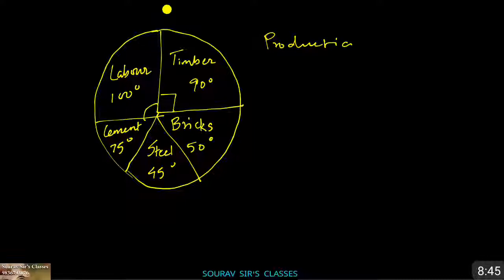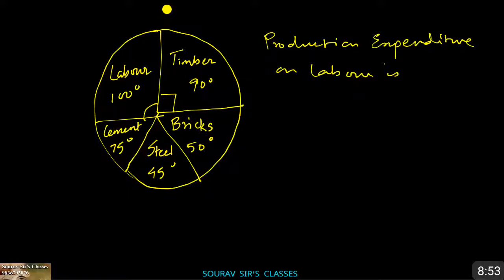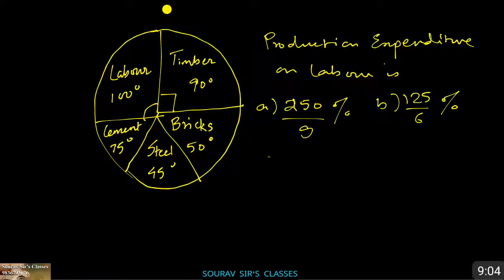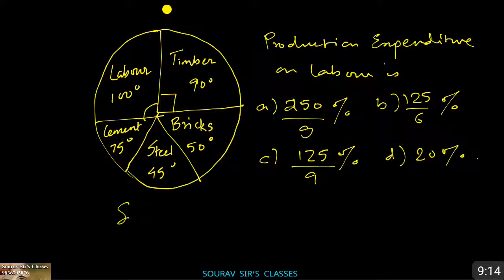Option A, 250 by 9%. Option B, 125 by 6%. Option C, 125 by 9%. And option D, 20%. Solution.